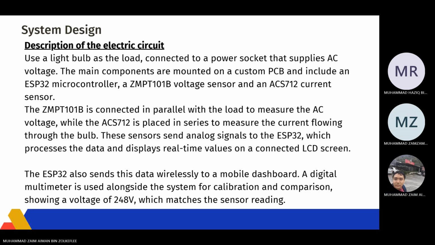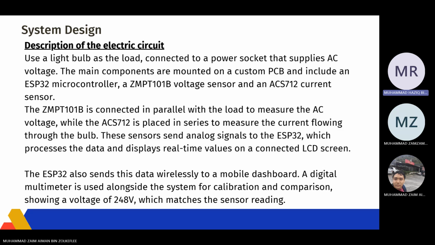Thank you. I will explain the design. Basically, first we describe the electrical circuit. We use a pump as a load, connected to a power socket that supplies AC voltage.